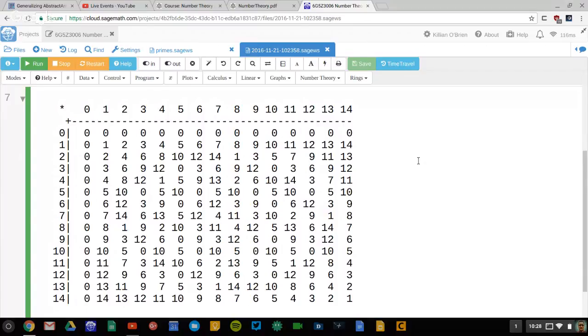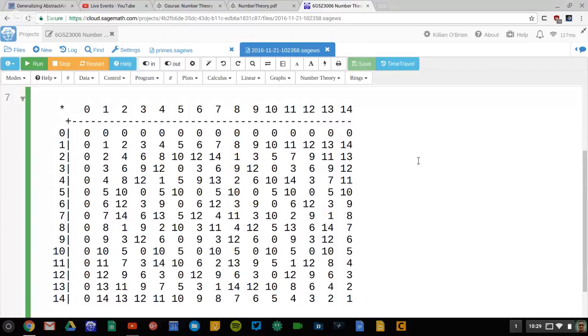But all the others do. The elements that do have inverses are 1, 2, 4, 7, 8, 11, 13, and 14.